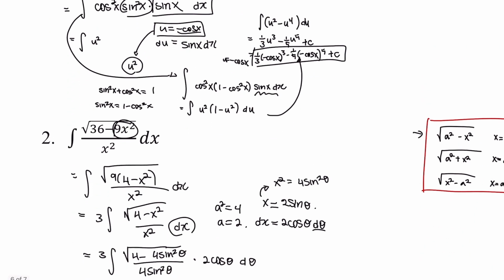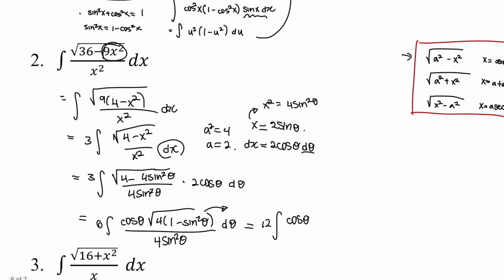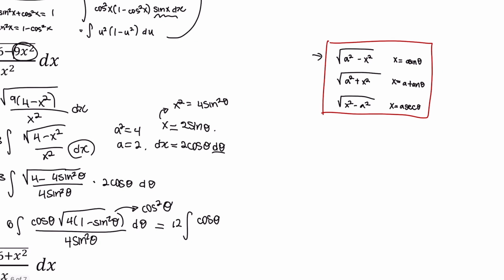But then if you see right here, this again is an identity we used earlier. So same thing here, sine squared x plus cosine squared x equals 1. So 1 minus sine squared x equals cosine squared x. So right here it can be substituted by cosine squared theta.